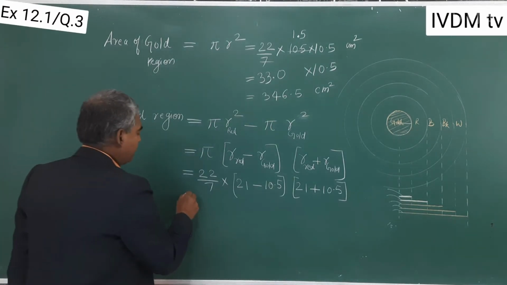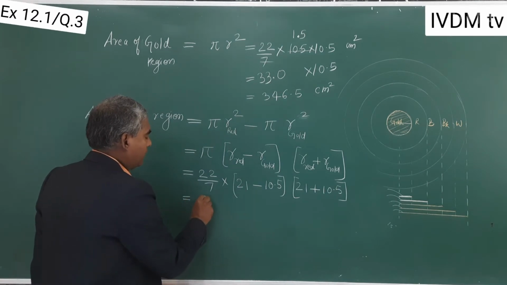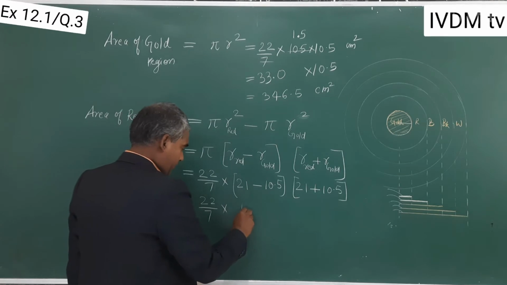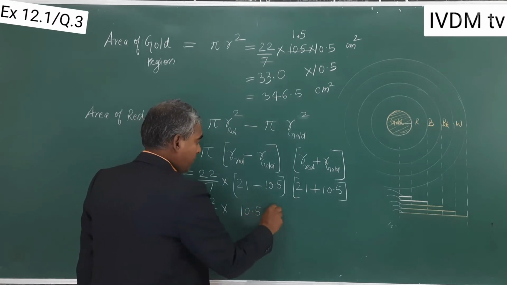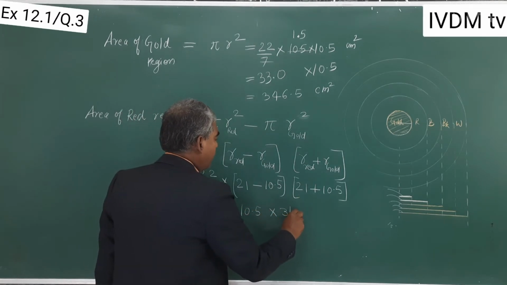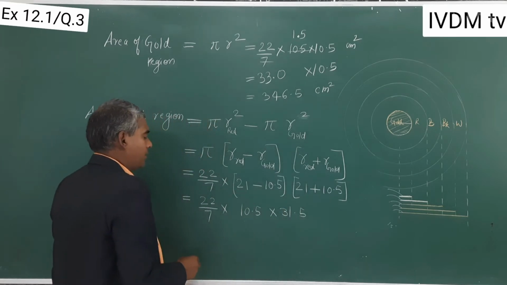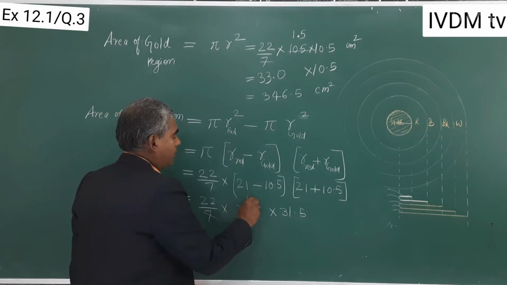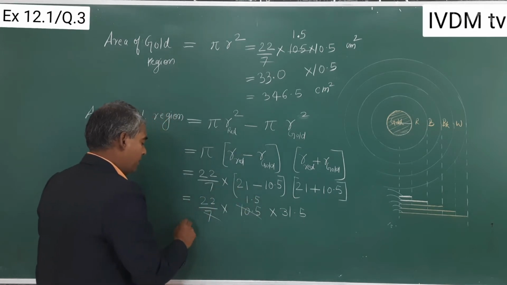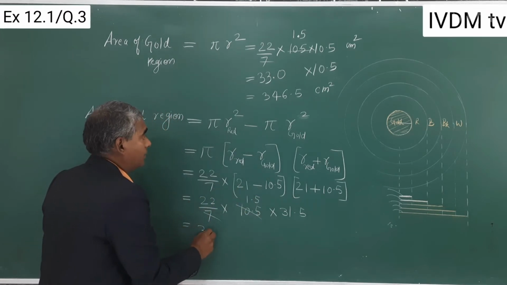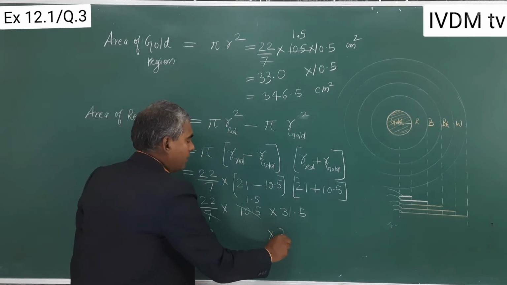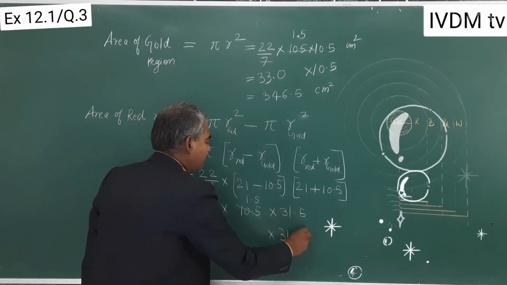This one is equal to 22 upon 7 multiply. So this is 10.5 and this is 31.5, and 22 upon 7 times 10.5 gives 33. 33 multiply 31.5.